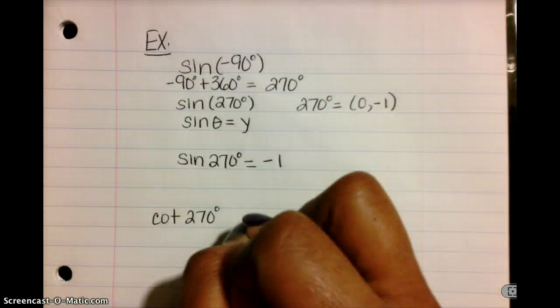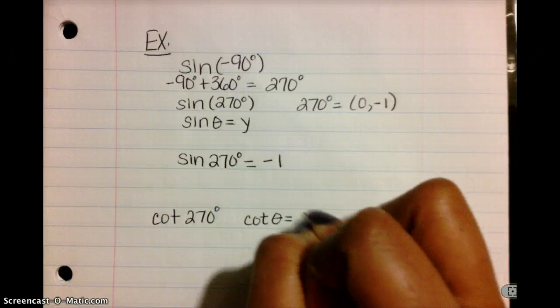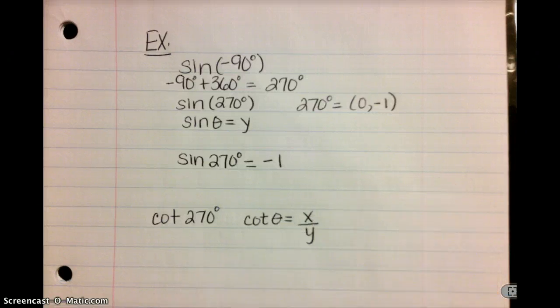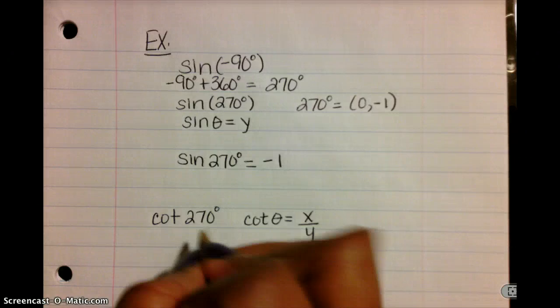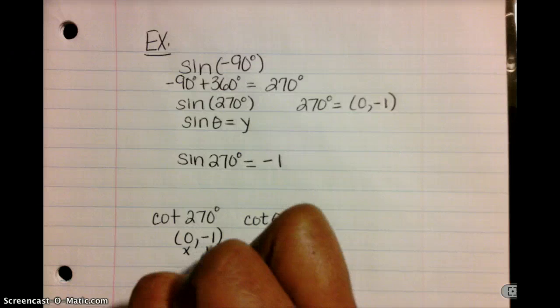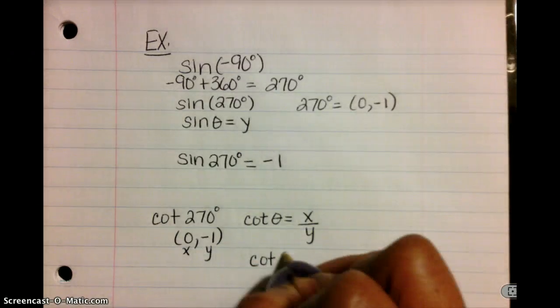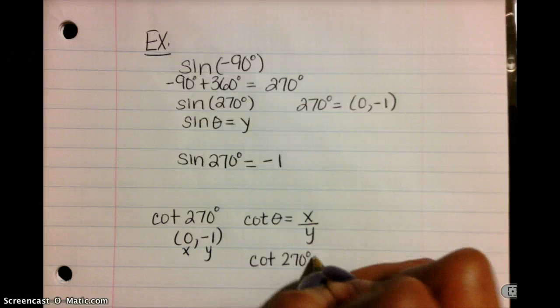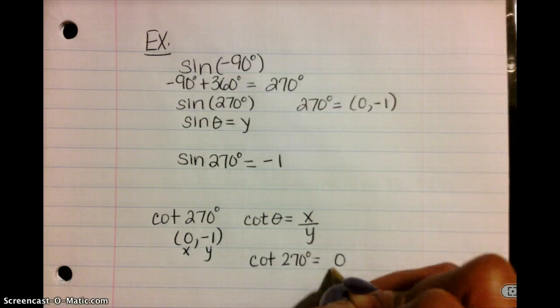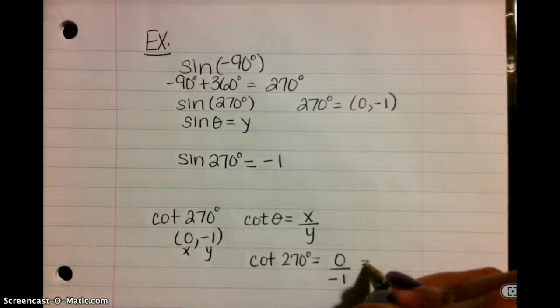Go back to your trig definitions, and cotan of theta is equal to x over y. Your 270 is 0 and -1. This is your x, and this is your y. So cotan of 270 degrees is equal to 0 over -1, which is equal to 0.